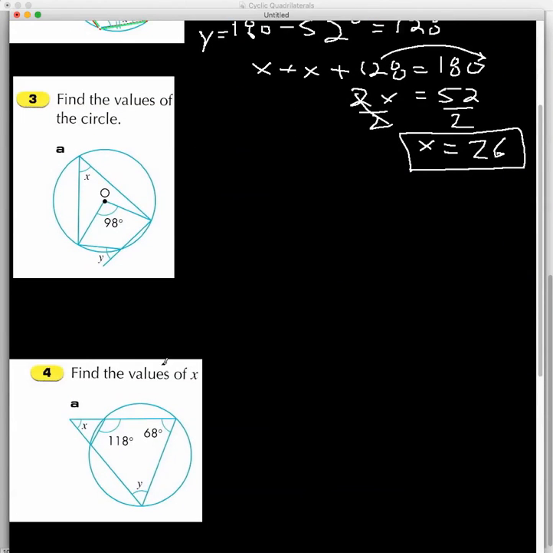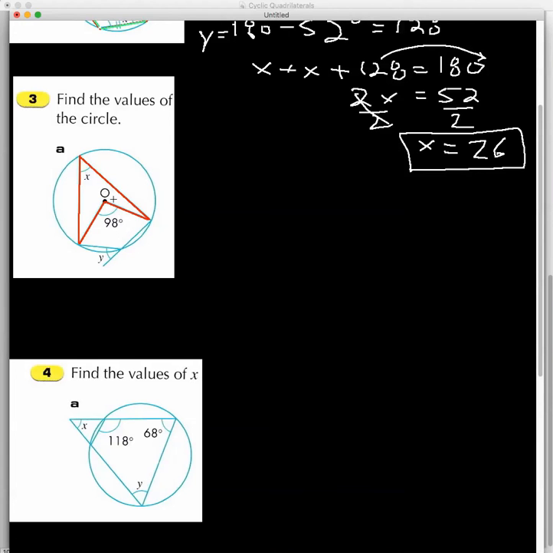I'll try number 3, and then you can try number 4 on your own. So let's look at number 3 quickly. Alright, so we have y here, 98 degrees here, x. Well, I already see the rule shown in the previous videos. You can go and look at them if you haven't seen them. And so these two here are both subtended from the same point off the center.